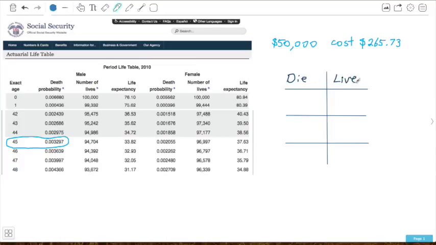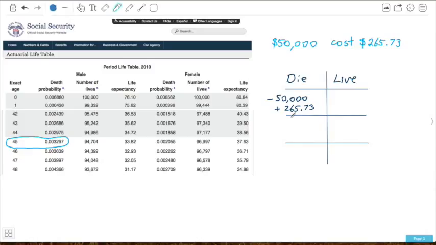All right, so that would be the description of what would be happening. If the person dies, they're paid out $50,000. So the insurance company is literally going to lose $50,000. But they charge the person $265, so they'll at least have that as a positive and 73 cents.